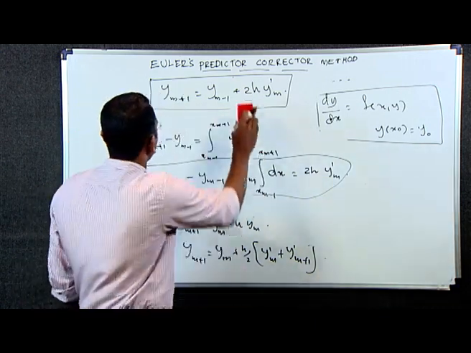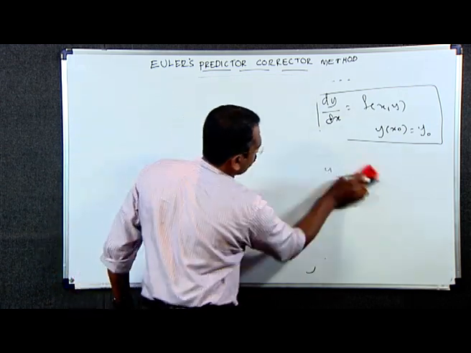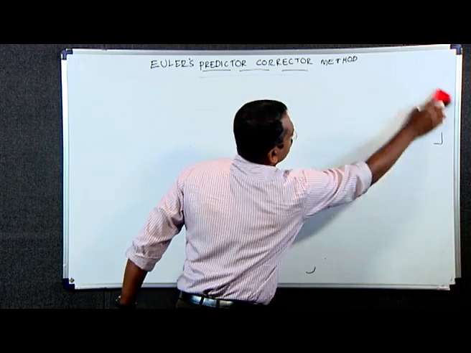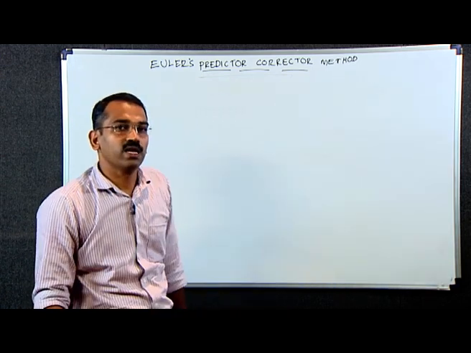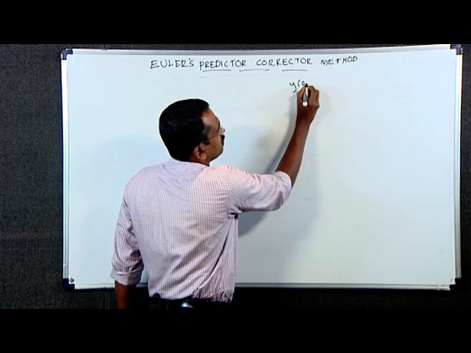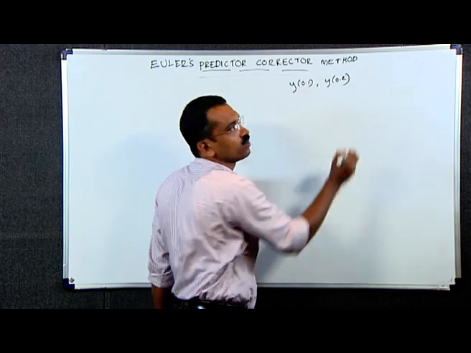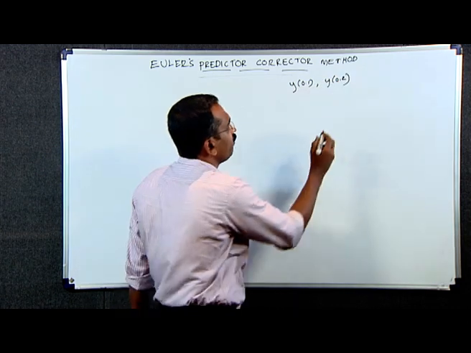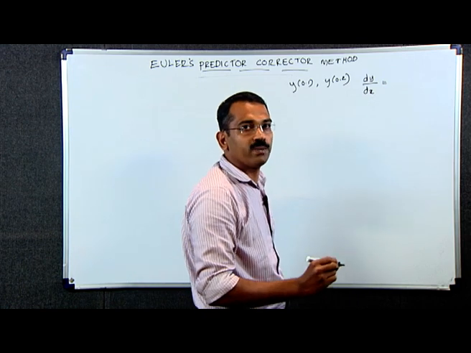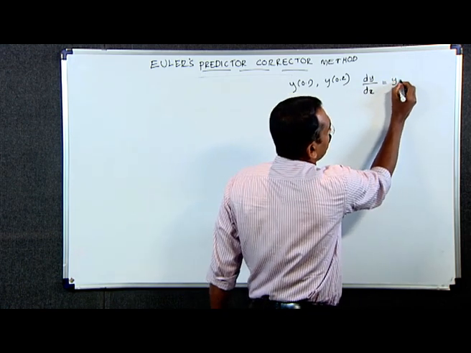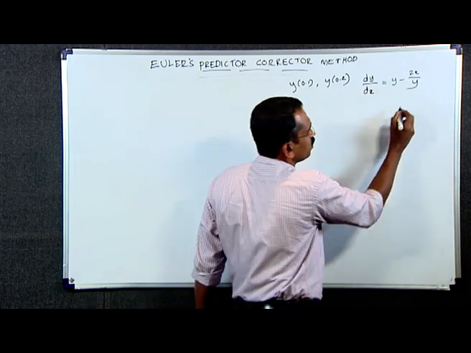Now, consider an example. Using this method, that is using the Euler's predictor corrector method, find the value of y of 0.1 and y of 0.2, given that dy by dx is equal to y minus 2x divided by y, such that y of 0 is equal to 1.